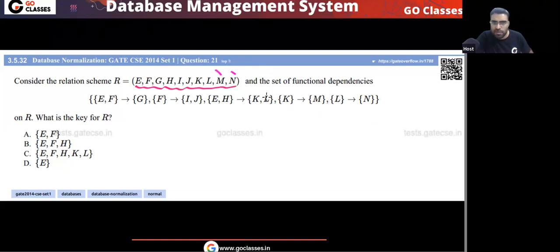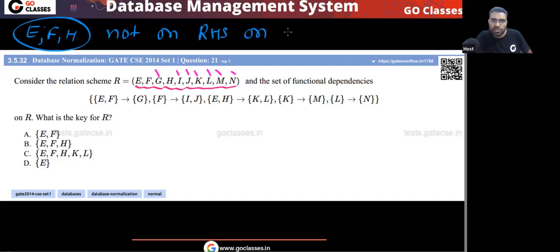KL appear on RHS. IJ appear on RHS. G appears on RHS. So you can see that E, F, H do not appear on RHS. You can notice these attributes EFH are not on RHS.